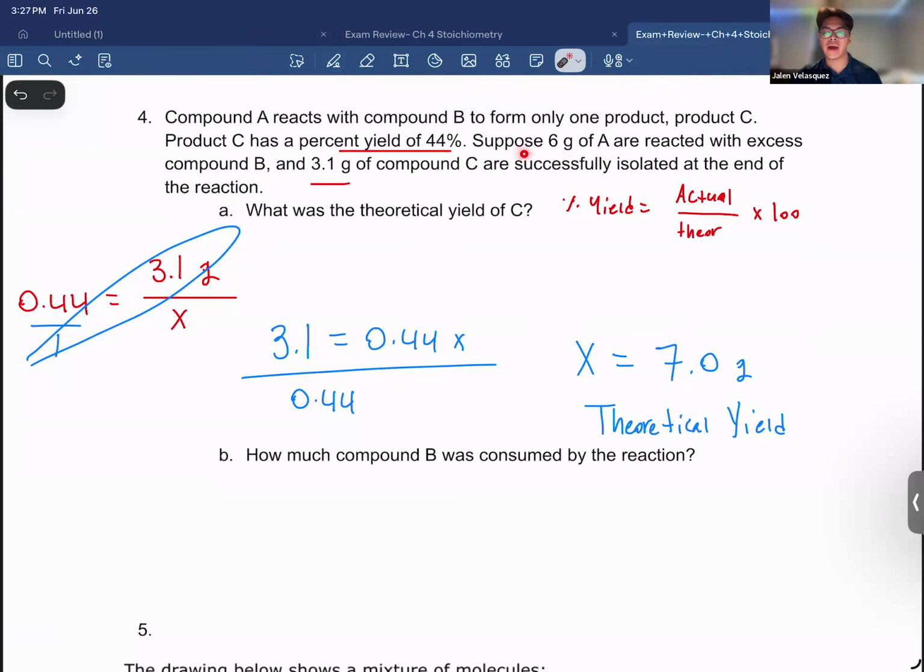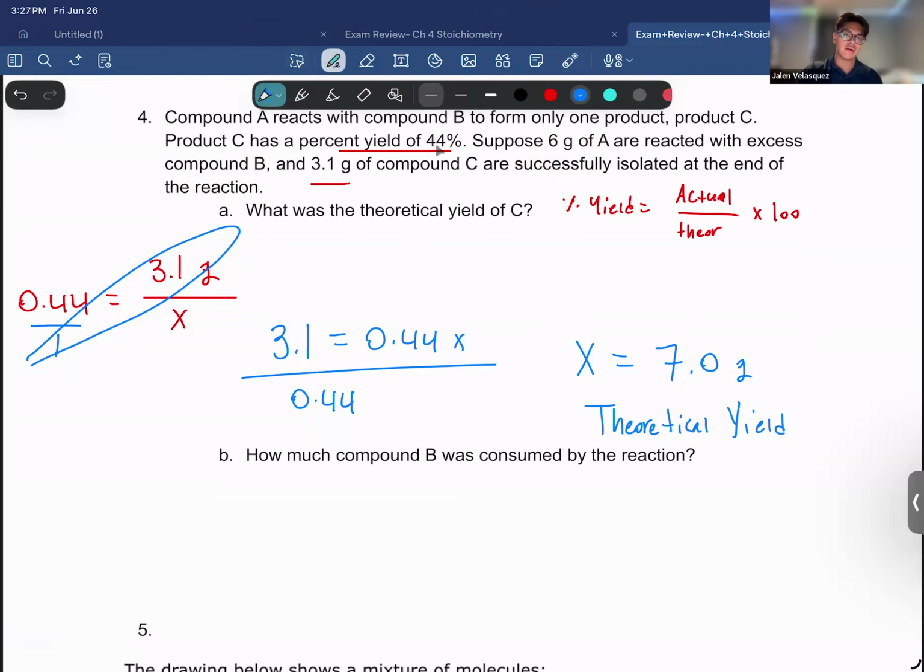It's only going to be the amount of compound A that actually reacts. So all you do is take your theoretical yield, which is 7, which is what we just calculated, and subtract the starting mass of A, and you'll see that 1 gram of compound B was consumed.